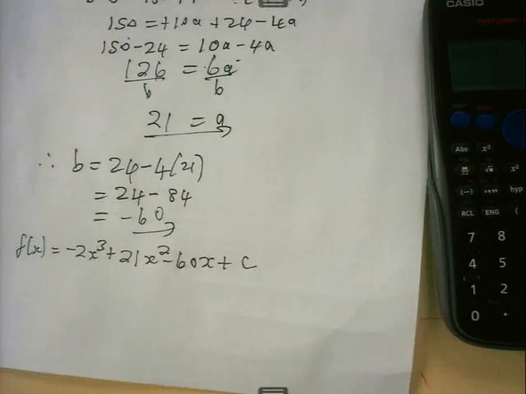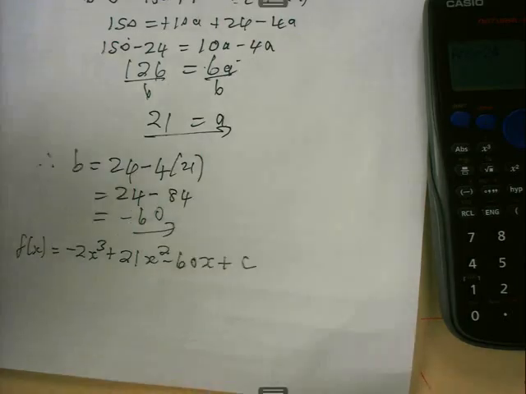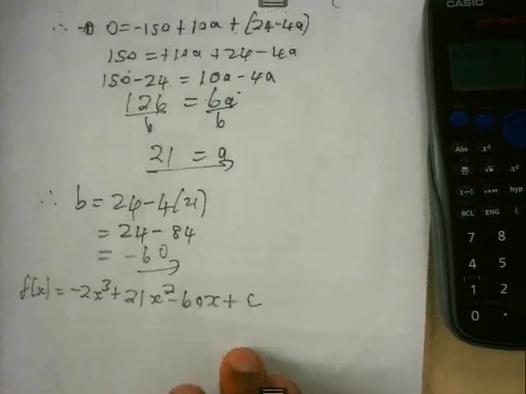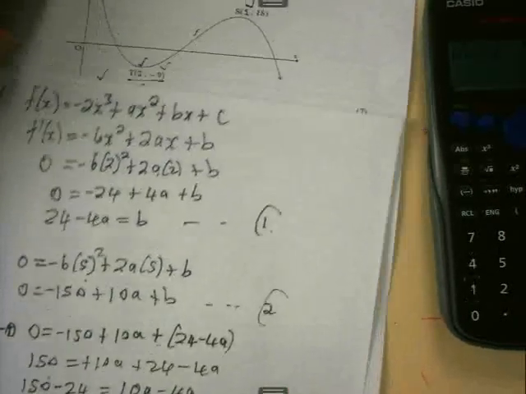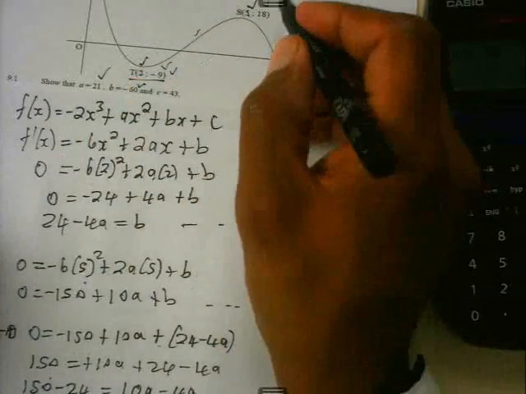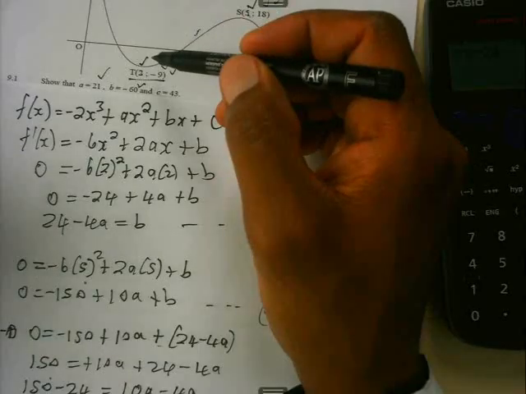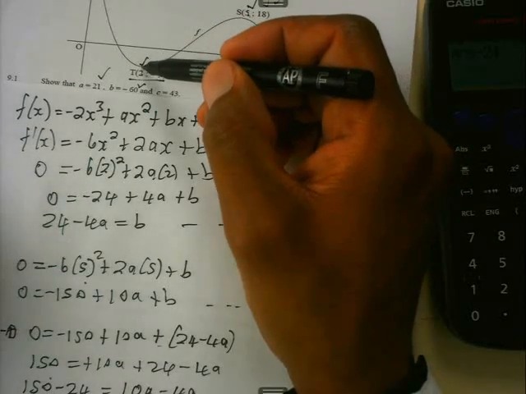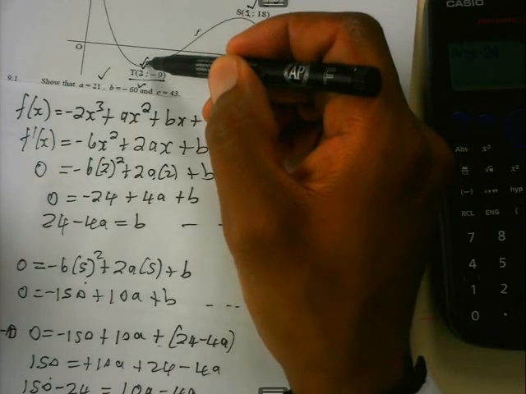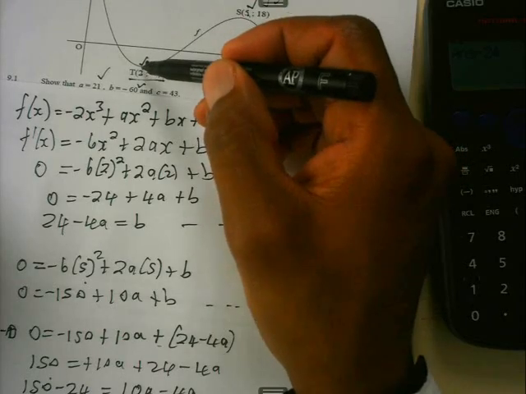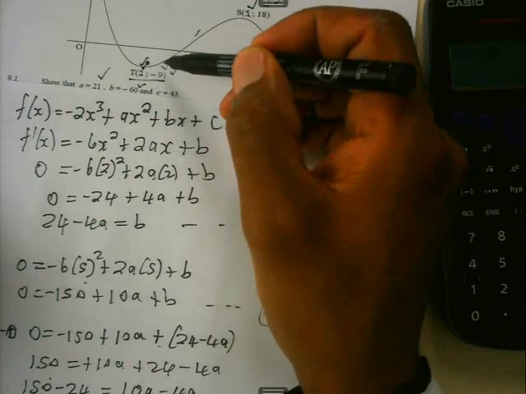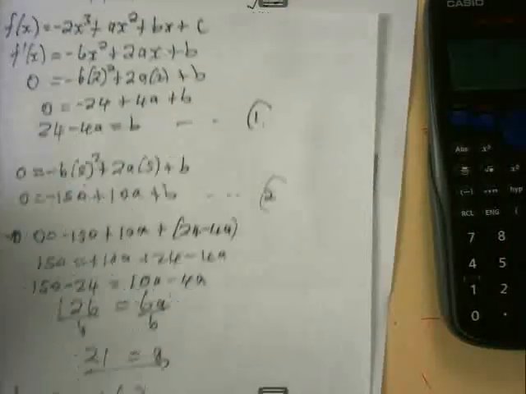The only thing that we need is to determine the value of c. What we can do is take one of the points here. It's either you take point T or point S. When I determine the y value at the turning points, I substitute x in the original. It means when you substitute 2 in the original, our y must be minus 9.